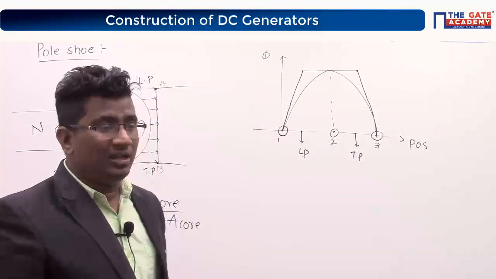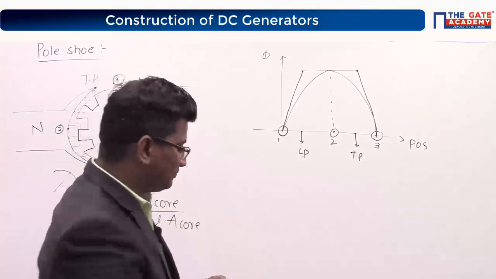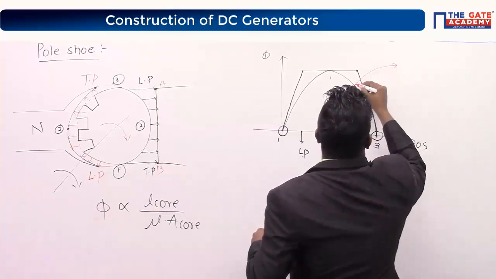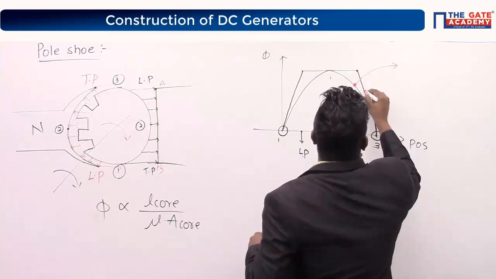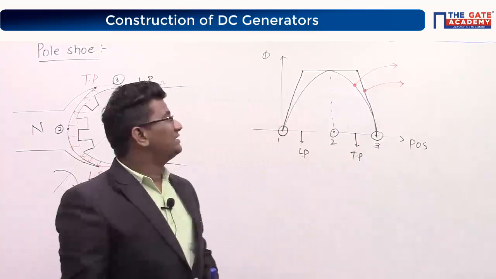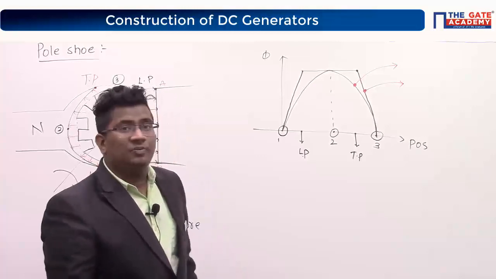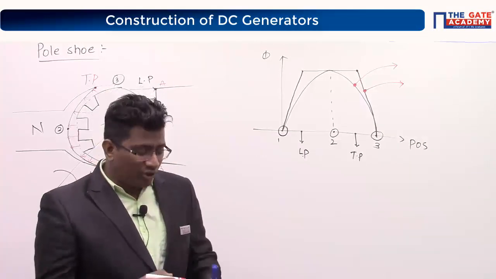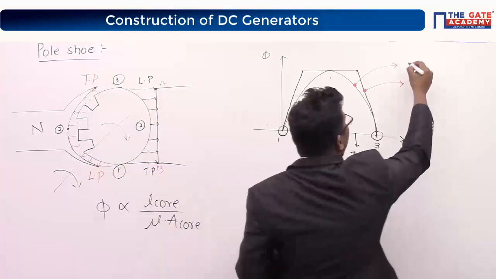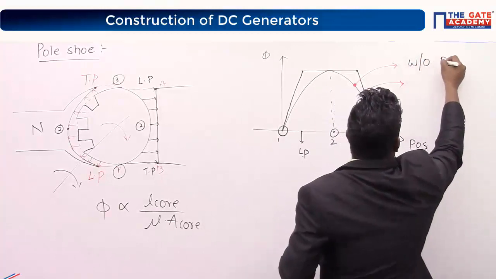Now tell me, which is providing sinusoidal shape of flux, and which is providing trapezoidal shape? With the pole shoe or without pole shoe? Is it without pole shoe?